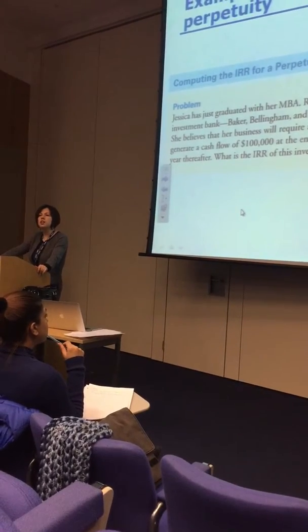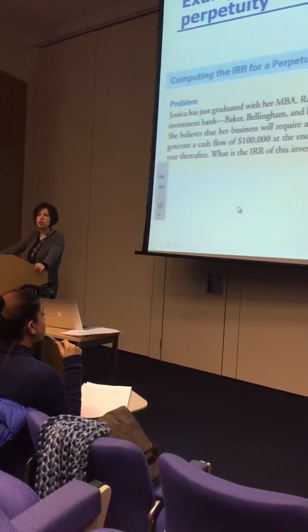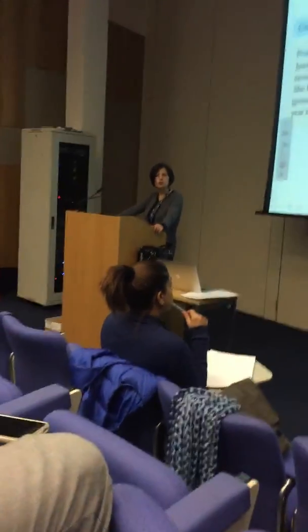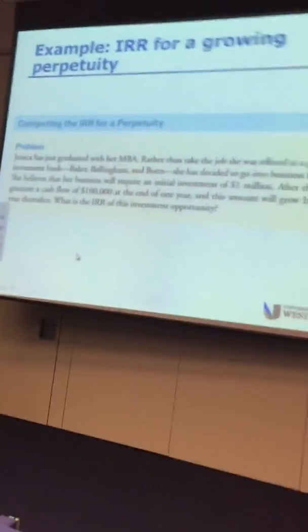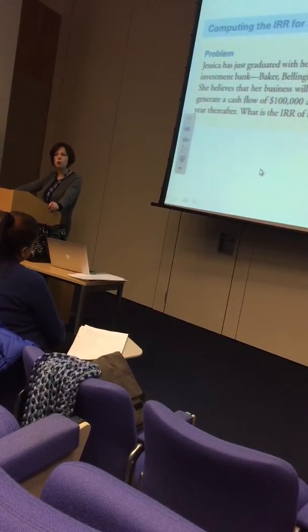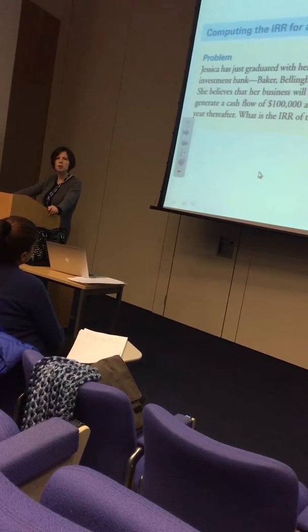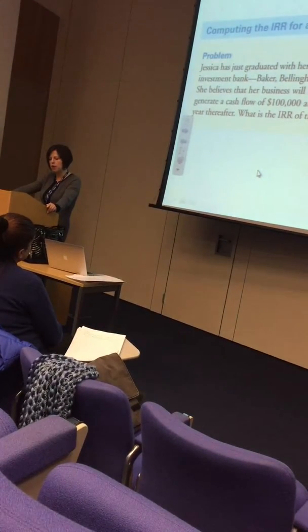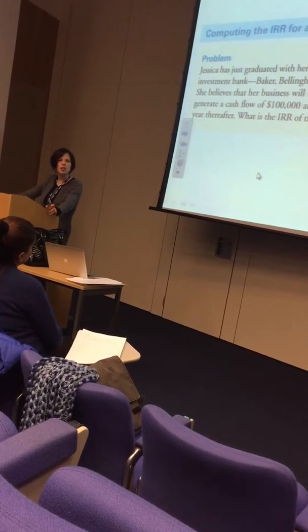So if she is offering you to take this project, that would be the right question to ask, right? Because you know how much you are getting, but that may not be the information you need to make your decision. Because you know, my alternative is to put money in the bank, and the bank offers me 3%.